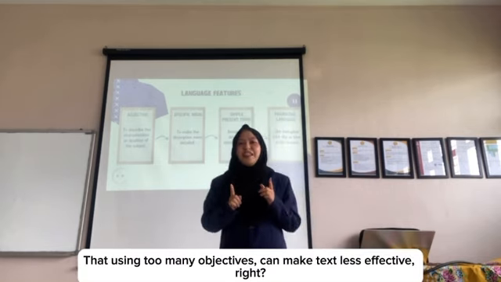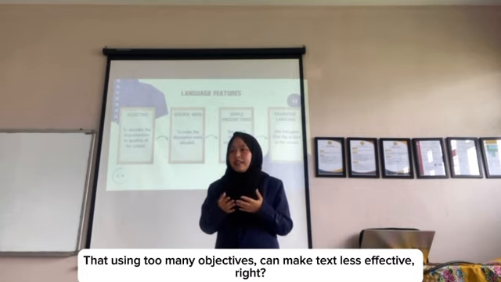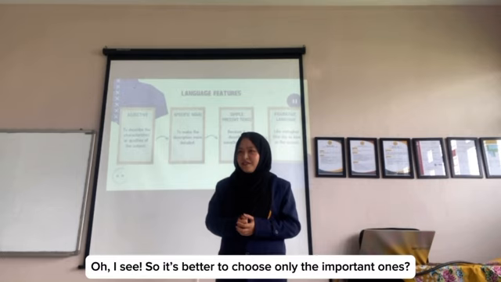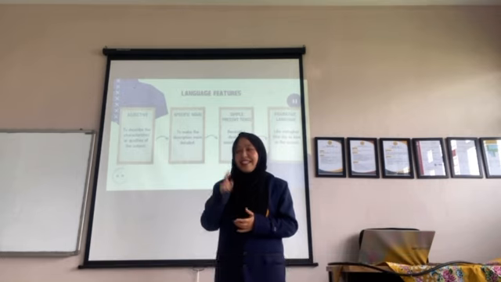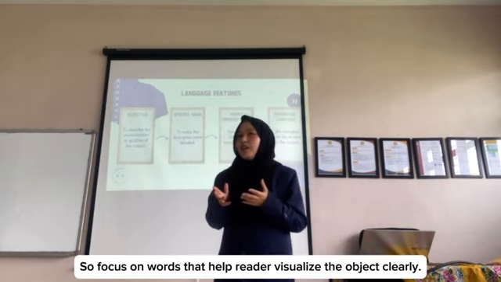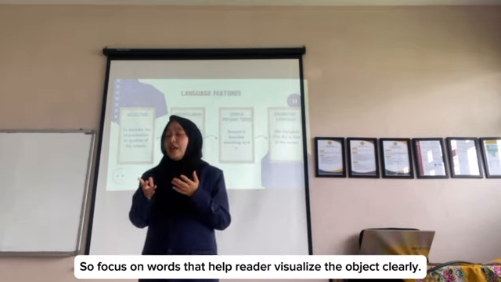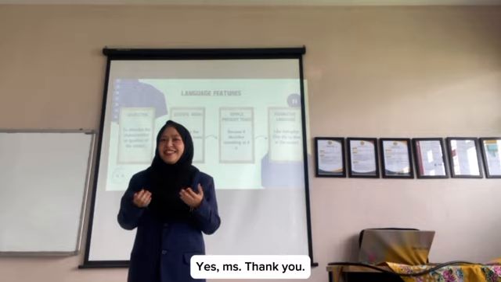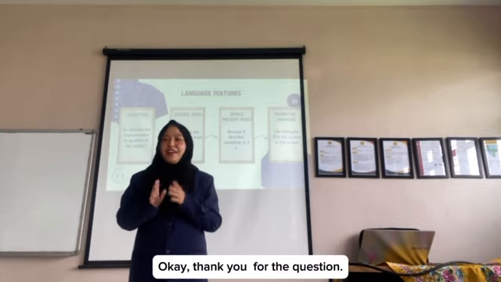Using too many adjectives can make the text less effective, right? Oh, I see. So it is better to choose only the important ones. Yes, exactly. So focus on words that help the reader visualize the object clearly. Is it clear, everyone? Yes, miss. Thank you.